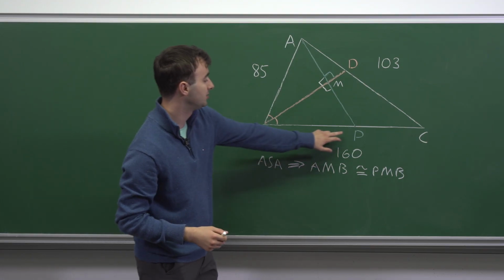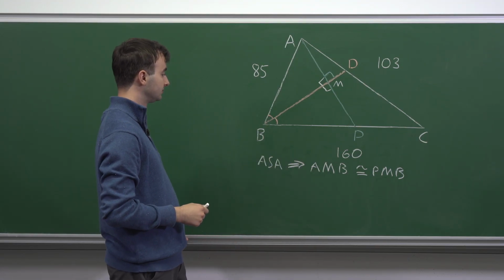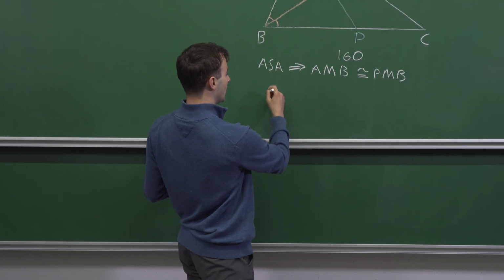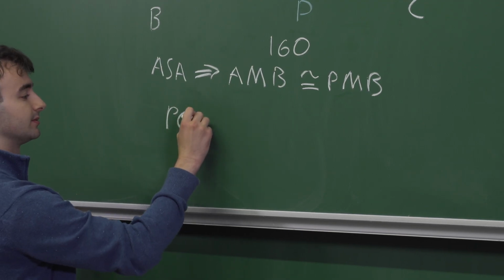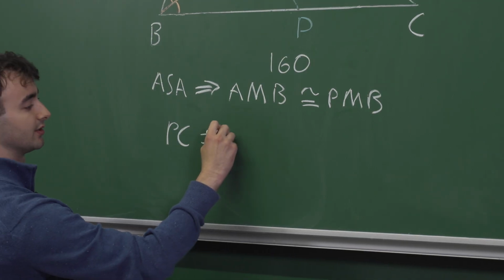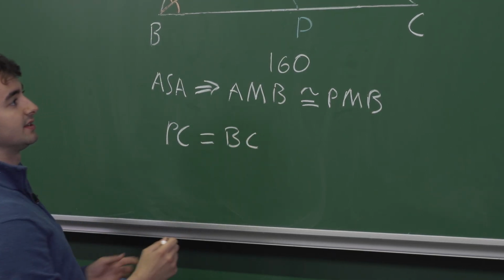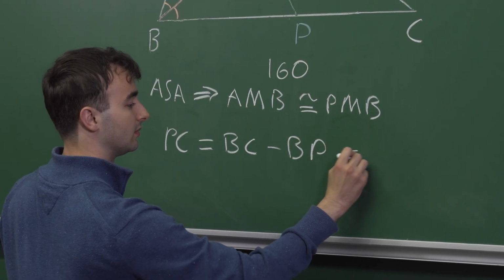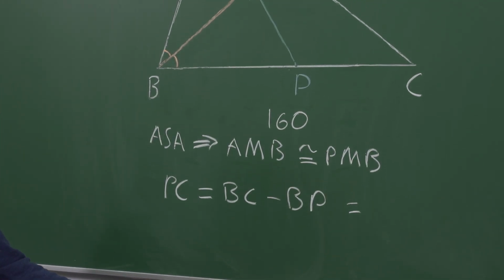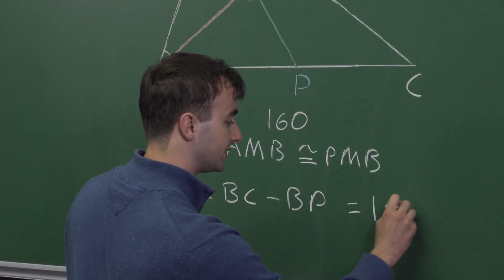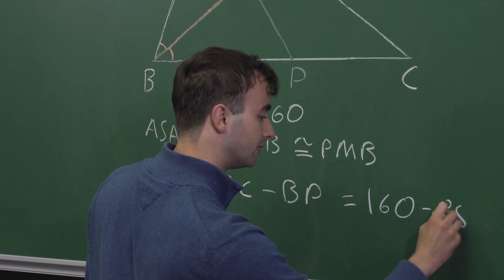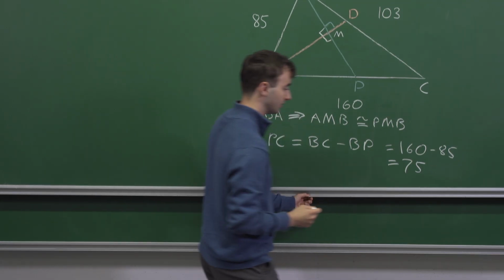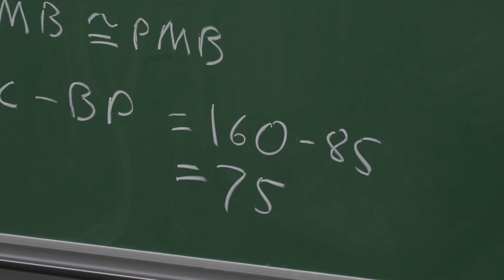In particular, BP is 85. That means we can work out PC as follows. PC is going to be BC minus BP, which is 160 minus 85, giving us a length of 75 for PC.